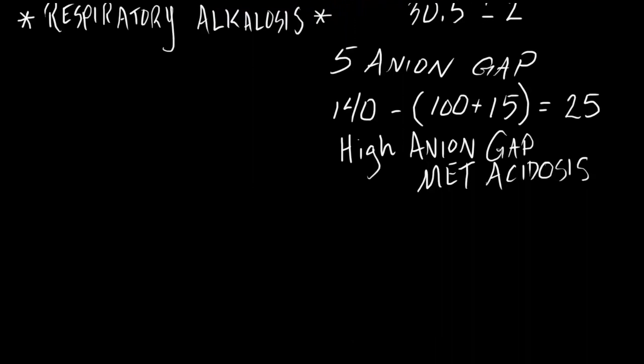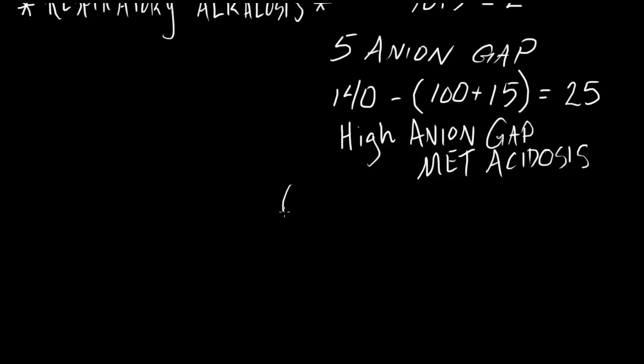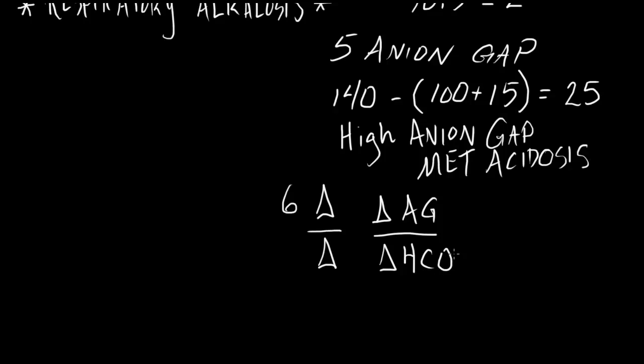The final step, step 6, is to calculate the delta-delta. The delta-delta is the change in anion gap over the change in bicarb. In general, we expect the delta-delta to be in the range of 1 to 2. So what that says is that for every one increase in anion gap, you'd expect the bicarb to go down by approximately 1.